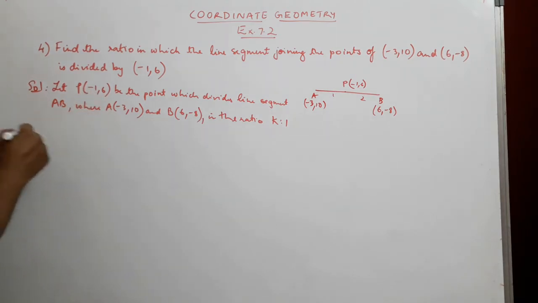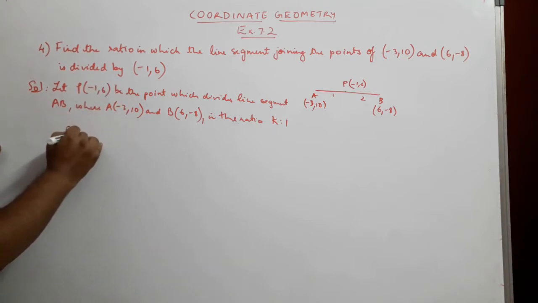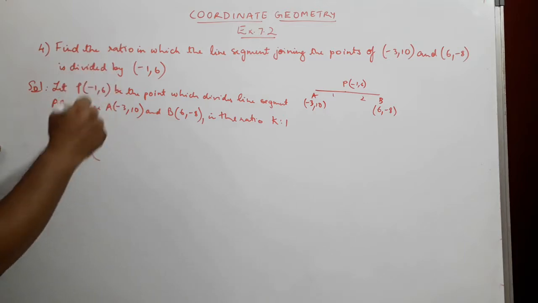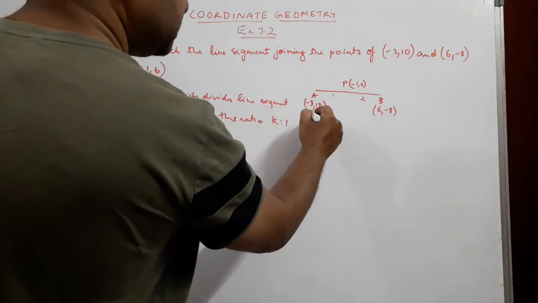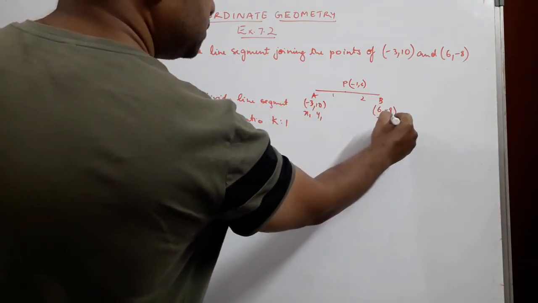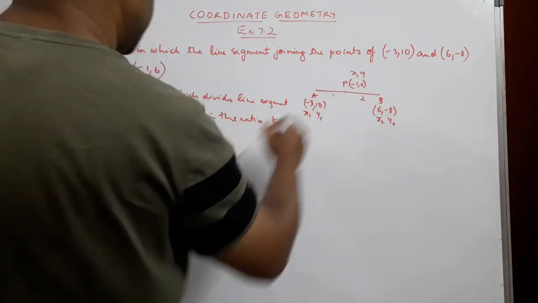Now, usually how we solve this is we apply the section formula. So this will be our x1, y1, x2, y2, and I will take this as x and y.